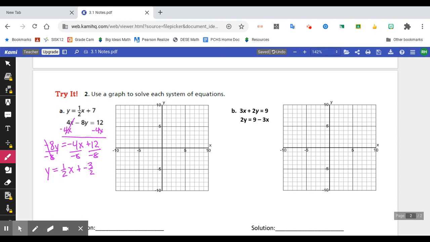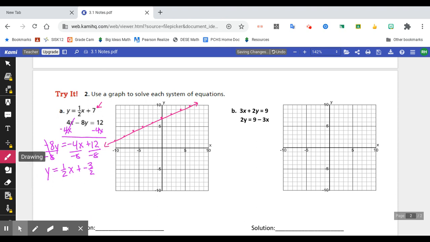Okay? All right, so let's graph the top one. We've got y equals 1/2 x plus 7, so positive 7 here. 1/2 goes up 1, right 2, up 1, right 2. I'm going to do a couple on the other side, so down 1, left 2. And there's your first line.